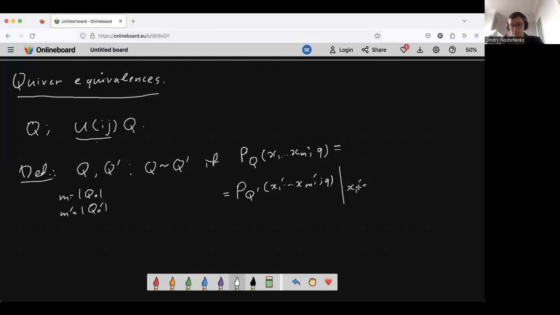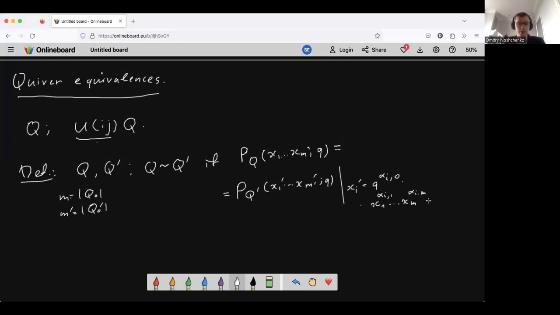So we have to put xi prime equal to q to the alpha i0 times, if there is some dependence of these parameters, alpha i1, alpha iN.